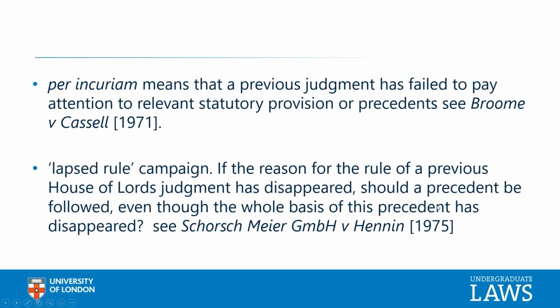Per incuriam means that a previous judgment has failed to pay attention to the relevant statutory provision or precedents, and for that, if you read Broome against Cassell, there was an argument there that perhaps the court should not follow the House of Lords where a decision has been made per incuriam.